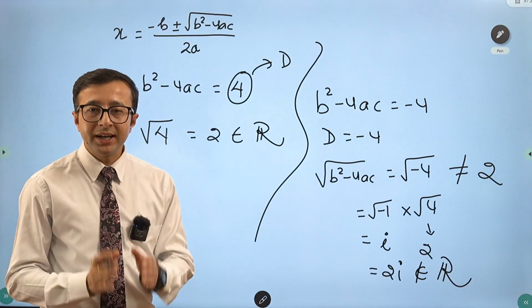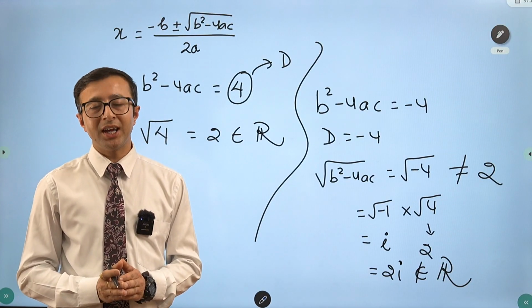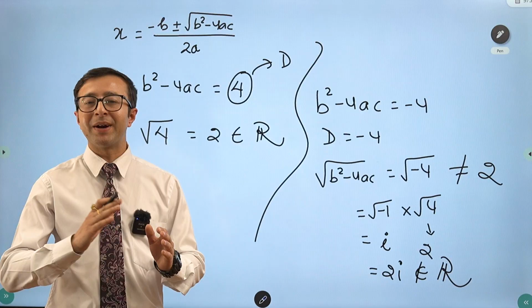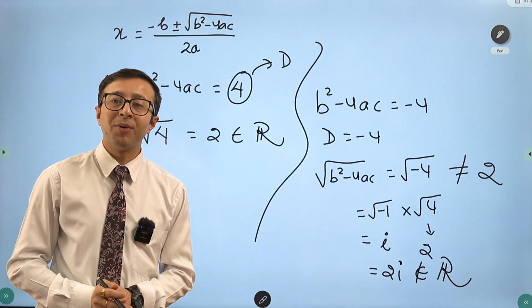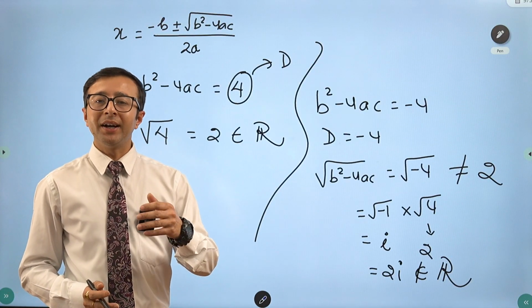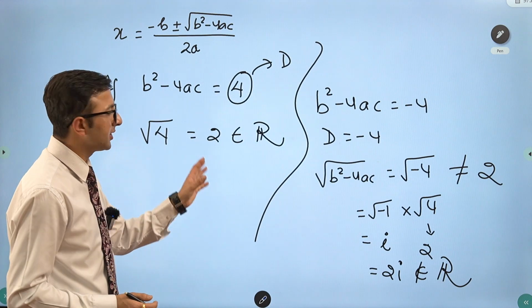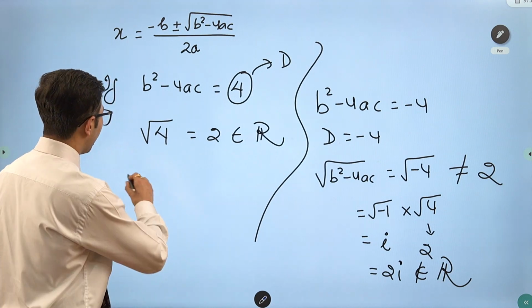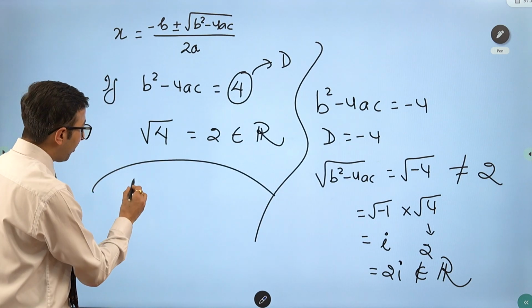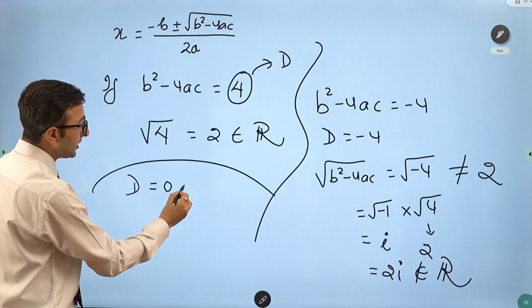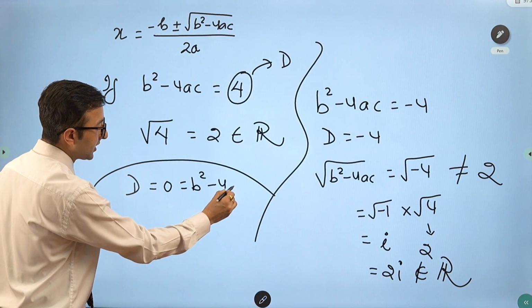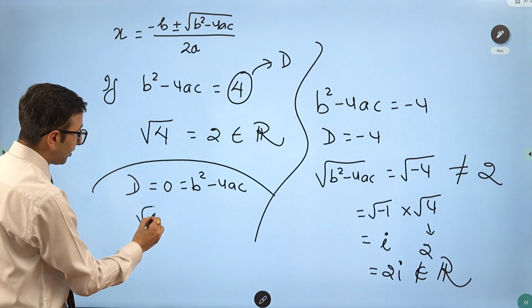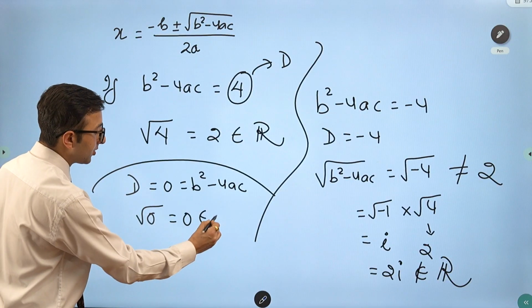That's why the nature of the roots of a quadratic equation is totally dependent upon the value of the discriminant. If the discriminant is positive, no problem, we have seen here we can get the real roots. If the value of the discriminant is 0, that means b square minus 4ac is 0, then also square root of 0 is 0, that also belongs to the real numbers.